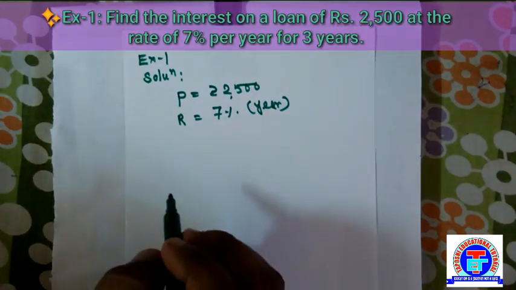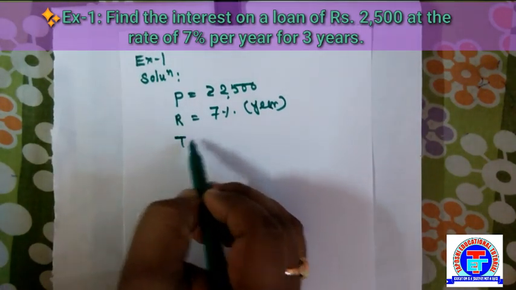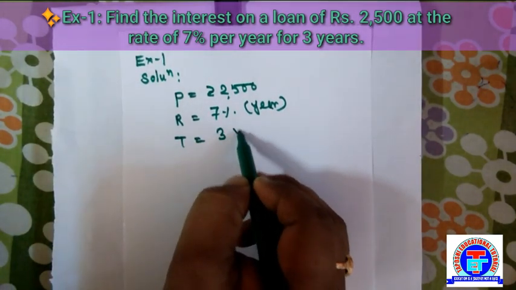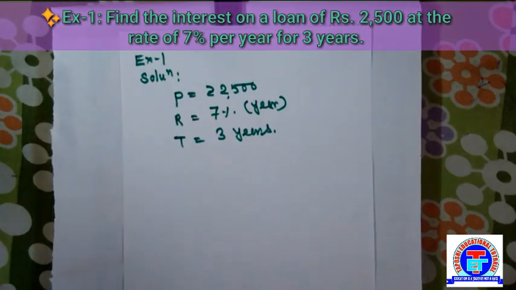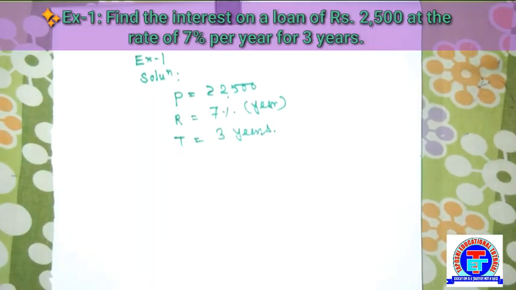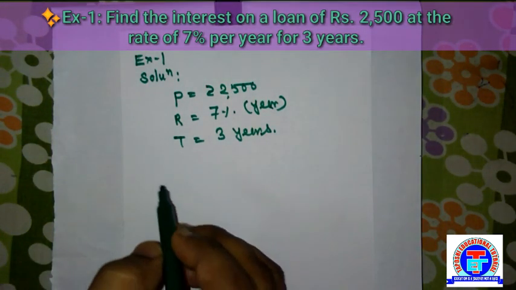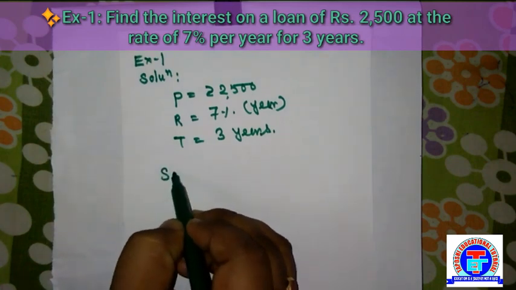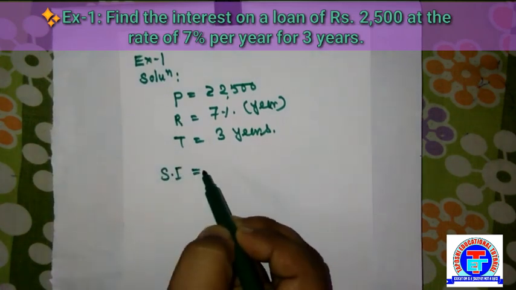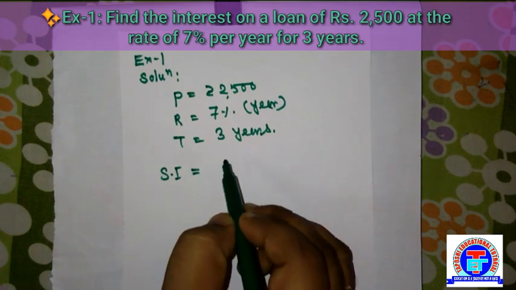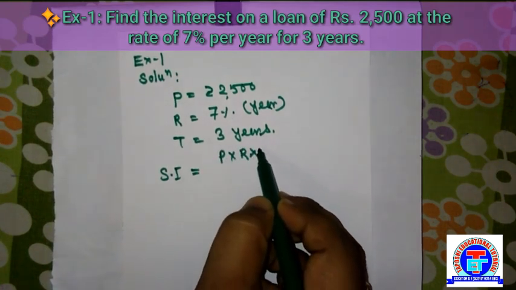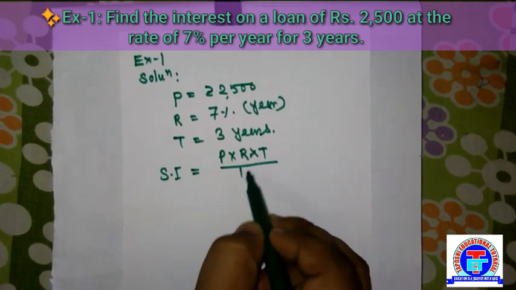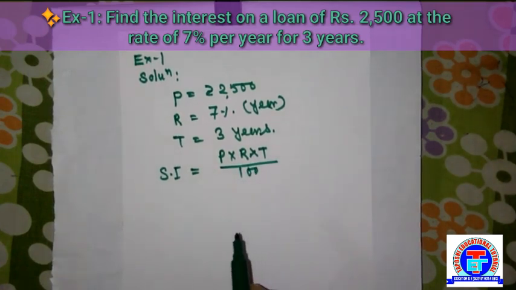Now the time is also given, 3 years, right? Now we use the simple interest formula: SI is equal to P into R into T divided by 100. Correct?